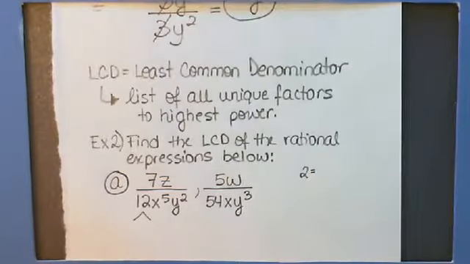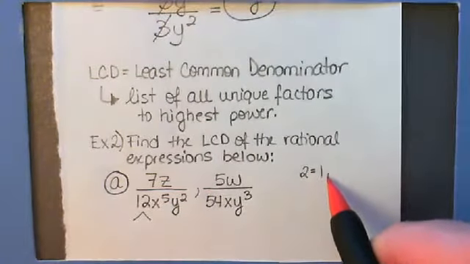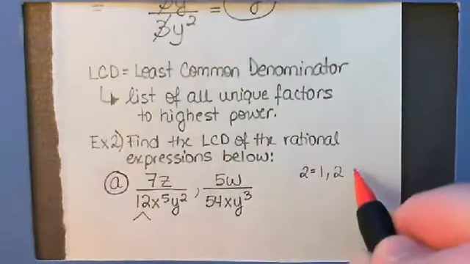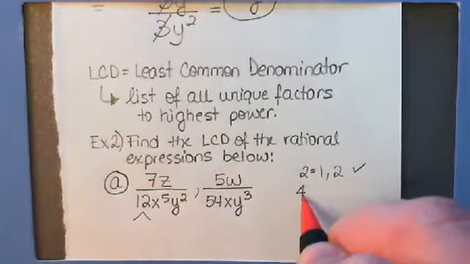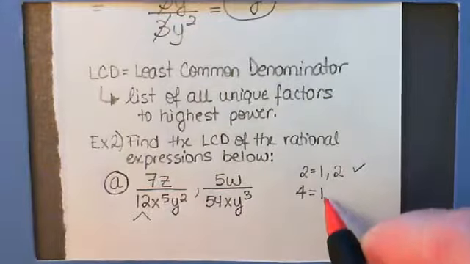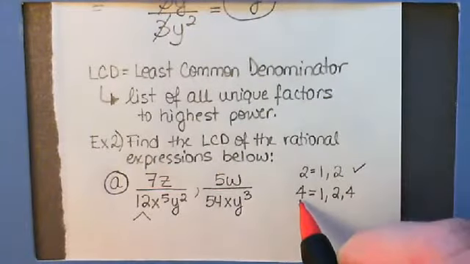So if I look at number 2, for example, number 2 is a prime number because the only numbers that go into 2 are 1 and the number 2. So 1 and the number itself. So 2 is a prime number. If I look, for example, at number 4, number 4 would not be a prime number because 1, 2, and 4 go into 4.